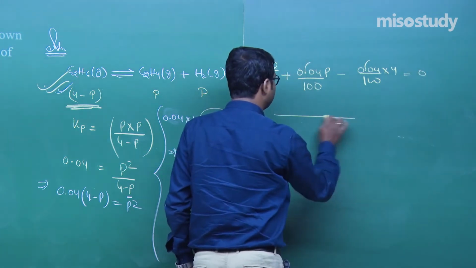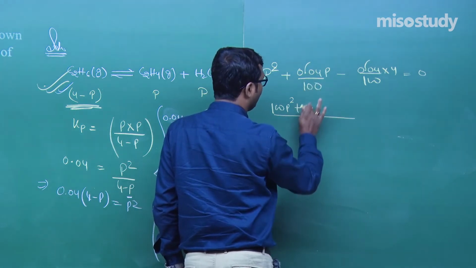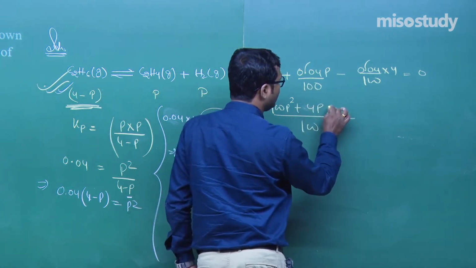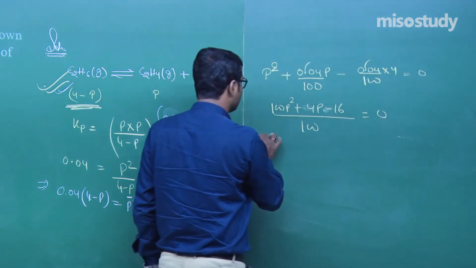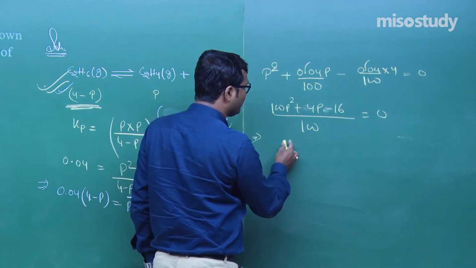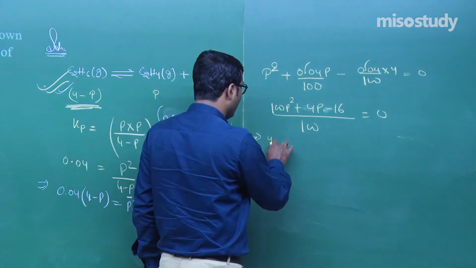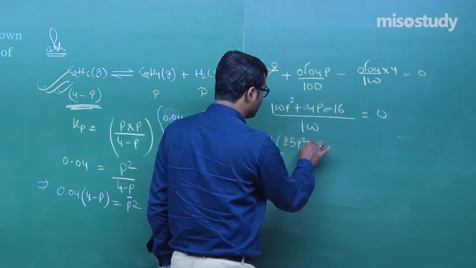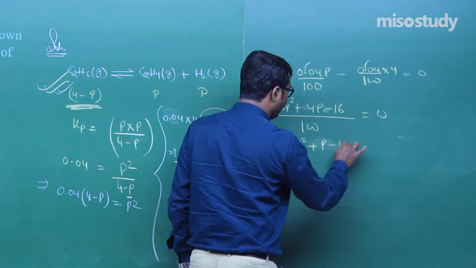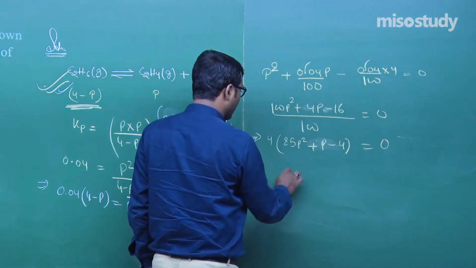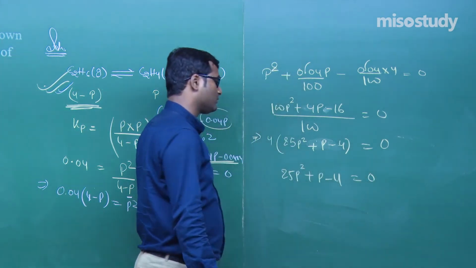Taking the LCM 100, that is 100 P square plus 4P minus 16 equal to 0. Is there any common factor we can take? Yes, we can take a common 4, that is 25 P square plus P minus 4 equal to 0, my friend.